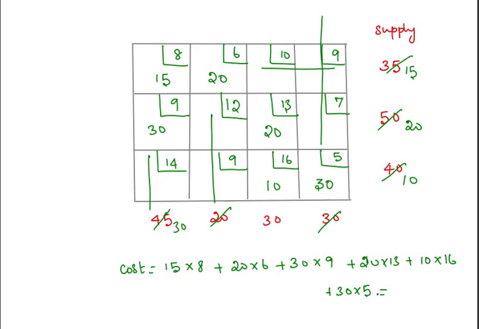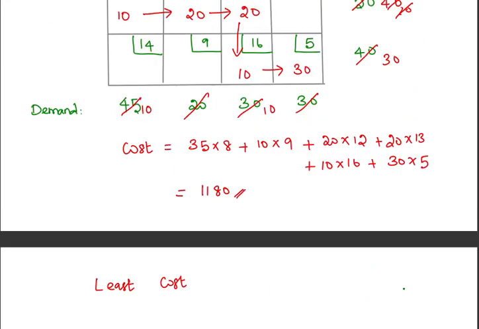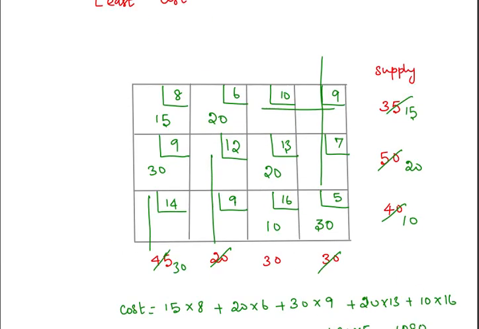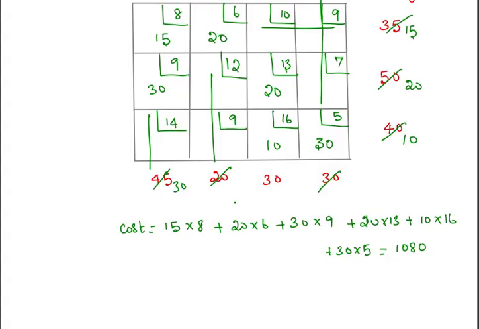So the total value you will get is 1080 rupees. With the Northwest corner method we obtained 1180. If we implement the least cost method, the cost is only 1080. So this method is somewhat better than the Northwest corner method.